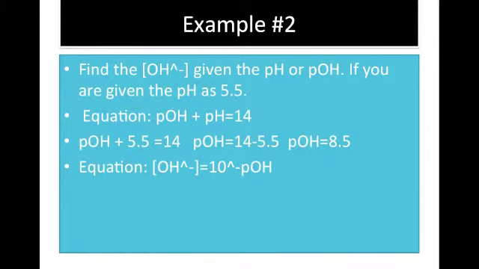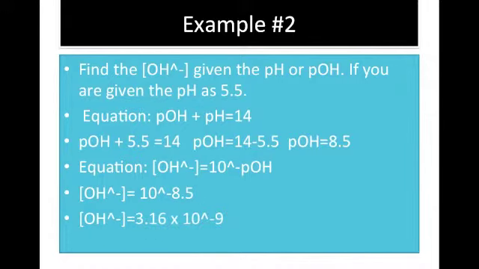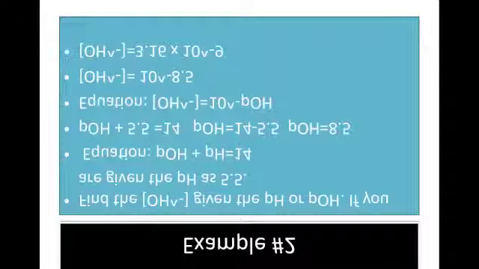Then you plug this number back into your equation and get your OH equals 10 to the negative 8.5, and your final answer is 3.16 times 10 to the negative 9.